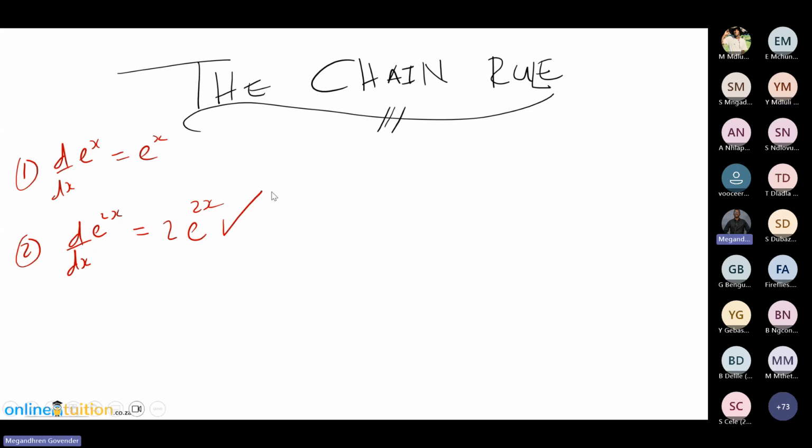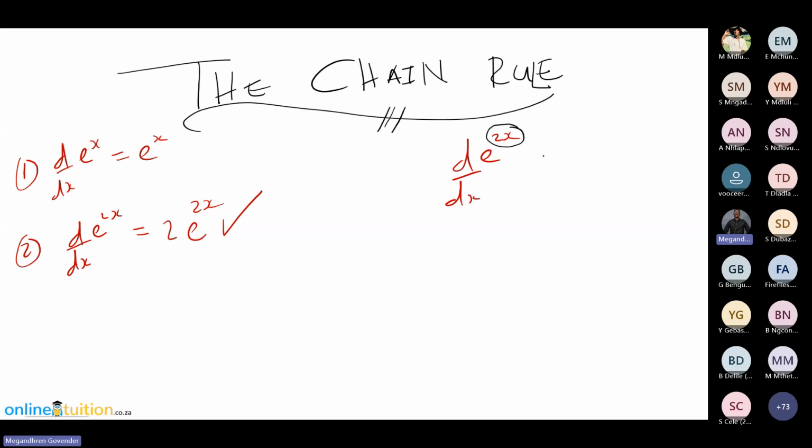Now, guys, if you look at your textbooks, you watch other YouTube videos, they're going to give you a long story on how to get this. Here's my version of it. We know the ddx of e to the x is e to the x. So watch how I say it. The derivative of e to the 2x. Read it like this. You ask yourself, what is the innermost function?